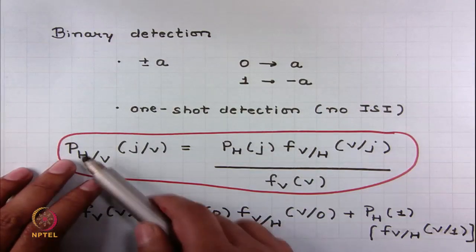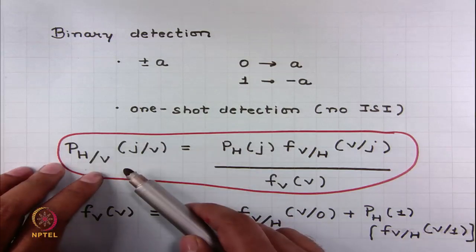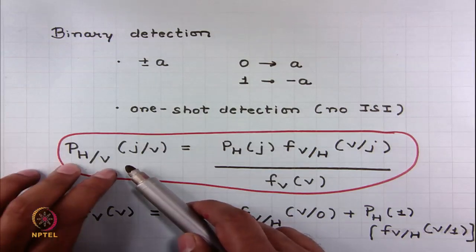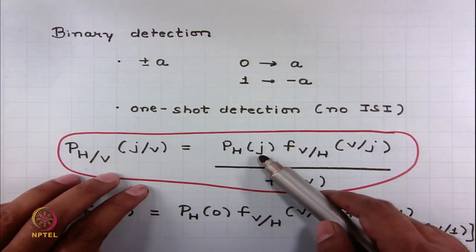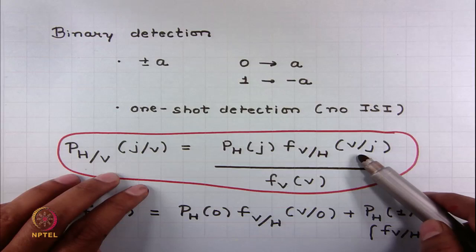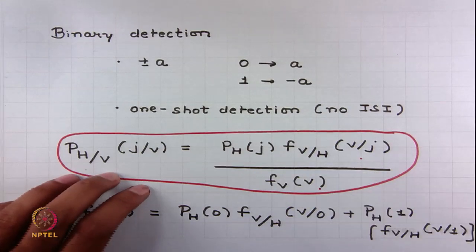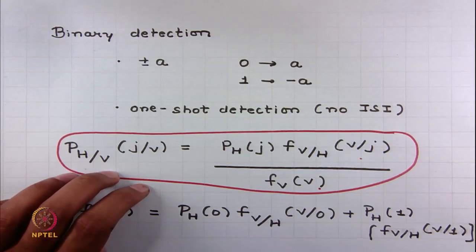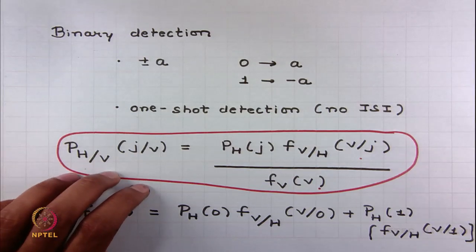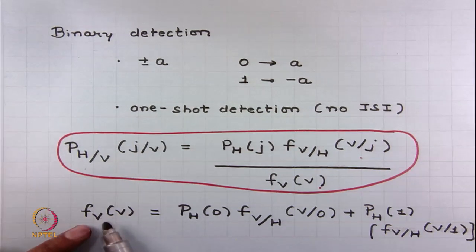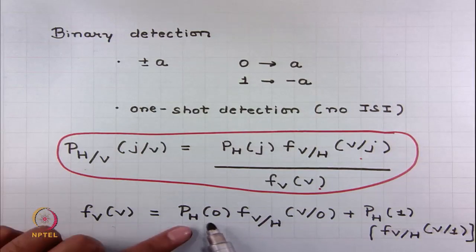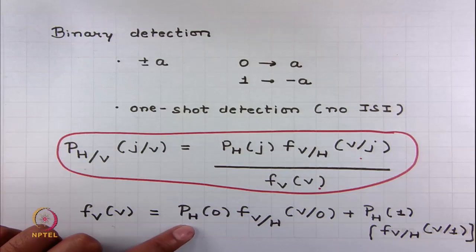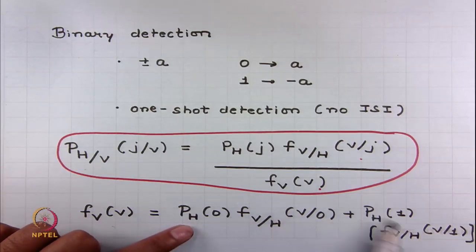We have already seen that MAP works on the a posteriori probabilities, and these a posteriori probabilities can be thought of in terms of priors, likelihoods divided by the probability density function of random variable V. And this probability density function of random variable V for the binary case, because there are only two hypotheses, can be thought of like this.